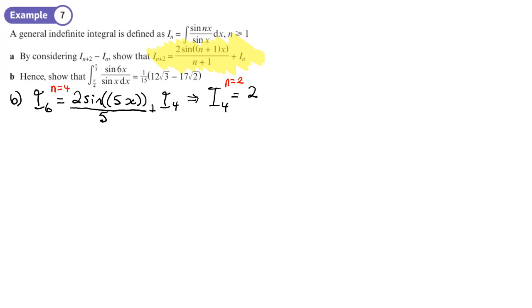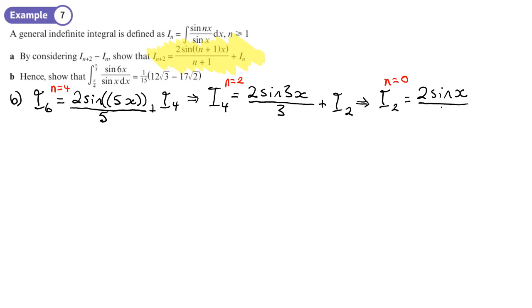So that will be 2 sine 3x over 3 plus I2. Right, so we want to find out what I2 is. So I2 would be what we get when we sub in n equals 0. So that would be 2 sine x over 1 plus I0.